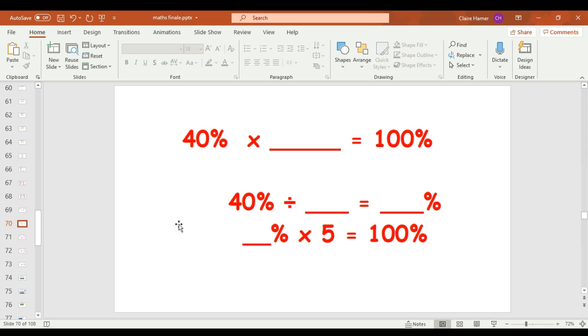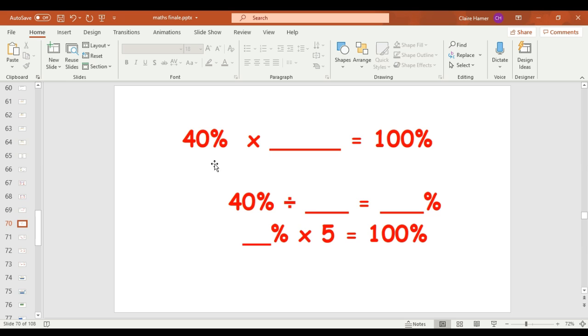What would you do for 40%? On screen, I've left some number sentences, and I'm wondering if you can fill in the gaps. There are many different ways to do this, but I couldn't work out what to multiply 40 by to get to 100. I know there's a decimal number that works, but I'm pretending I can't think of that.